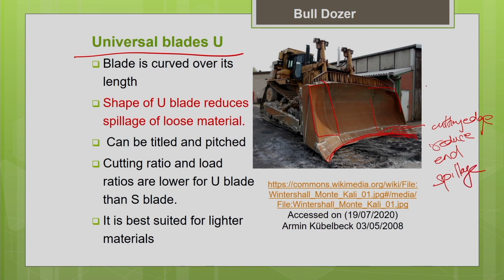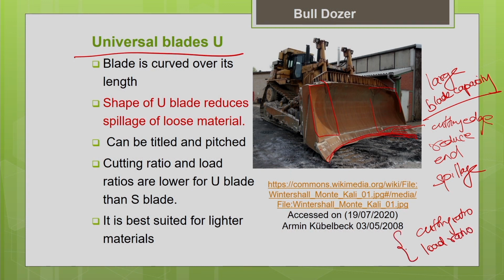These blades have large blade capacity. Blade capacity is high because they are bigger blades. The dimension is bigger, so that's why the blade capacity is bigger. But one thing to be noted, the cutting ratio and load ratio are lower for the U blade when compared to the straight blade because they are bigger in dimension.